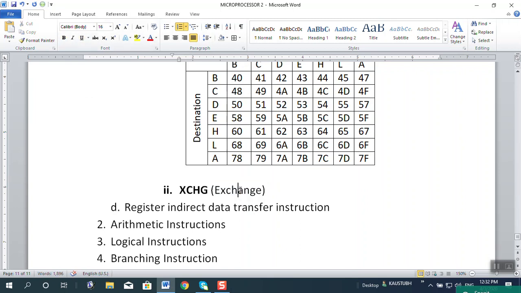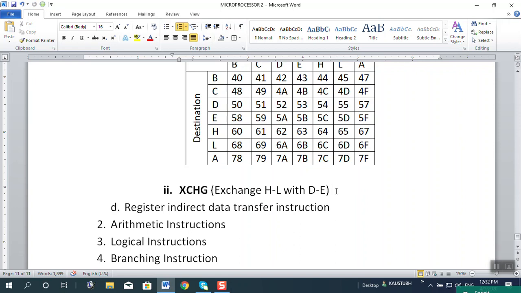Exchange the HL pair with DE only. Remember, exchange the data between the HL pair and the DE register pair, not the others, only HL and DE.